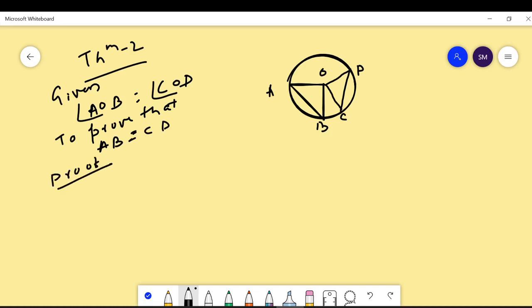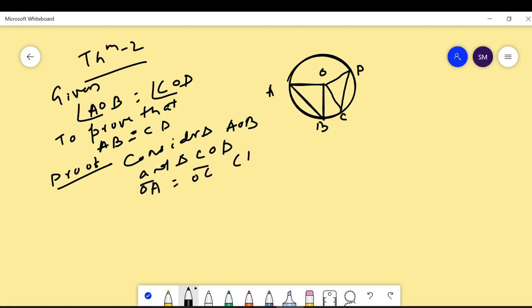Proof. Consider triangle AOB and triangle COD. Here OA is equal to OC because both are radii of the circle.